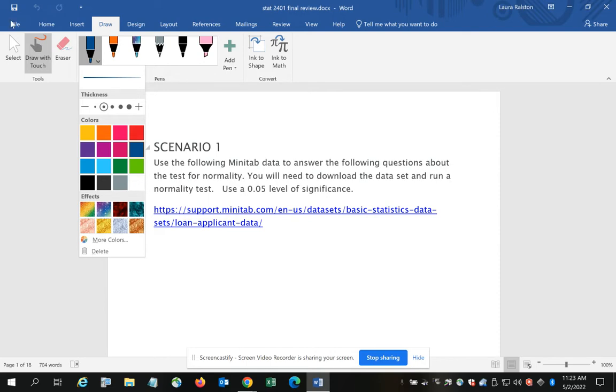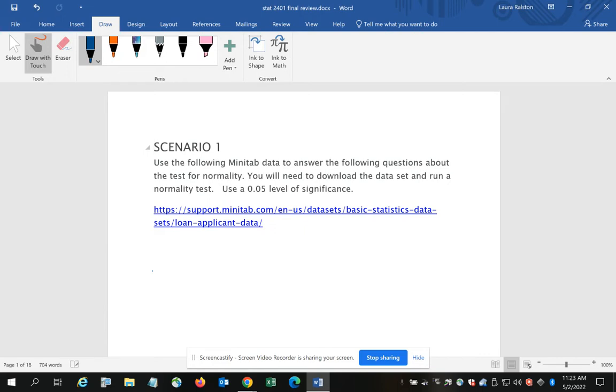Okay, so the first thing that we initially do in terms of the normality test is it is a hypothesis test, so we're going to state our hypothesis. Okay, so H sub 0 says the variable, which in this case is debt, follows a normal distribution.